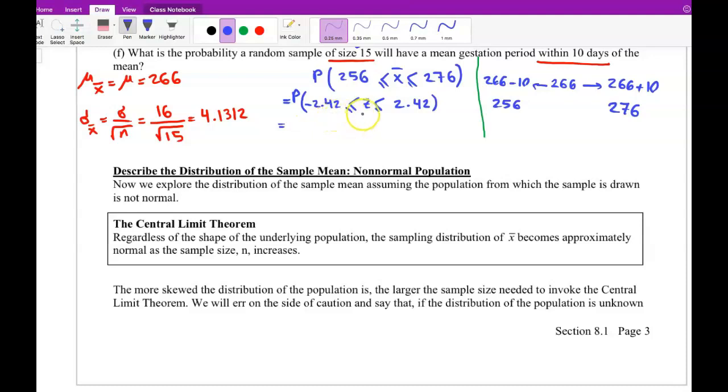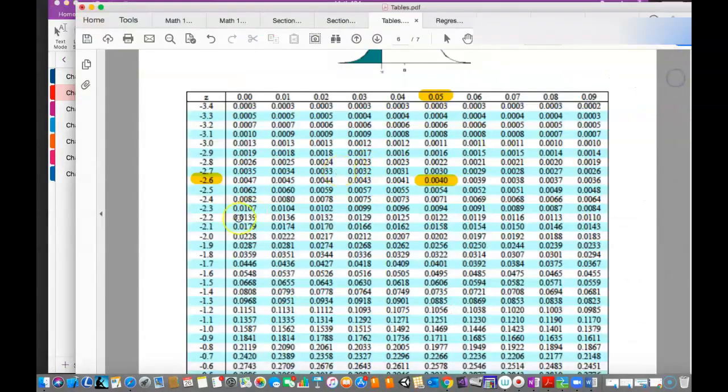Using the table, find the answer for when z is equal to negative 2.42 and also z equal to positive 2.42. First, negative 2.42, here we have 0.0078.